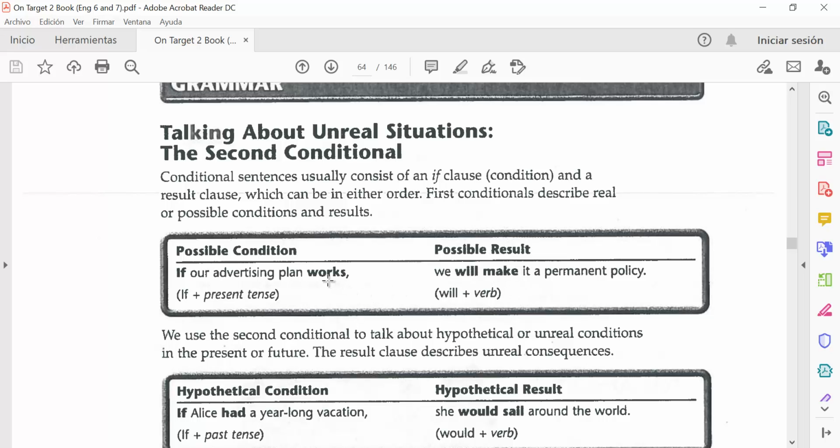So let's read it complete: if our advertising plan works, we will make it a permanent policy. As you can notice, the second clause, the result clause, is formed with will plus the verb, right? And the first part, the condition clause, is formed with the if particle and the simple present of the verb.